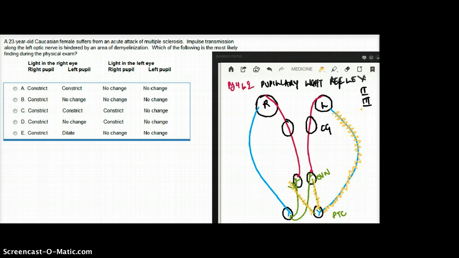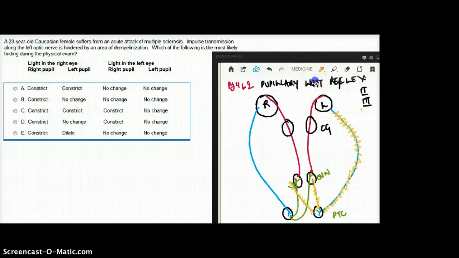If one is damaged, the Edinger-Westphal nucleus is not going to get the information from the optic nerve. So this is the situation we are in. Now, if we shine a light on both eyes, first of all, light in the right eye.